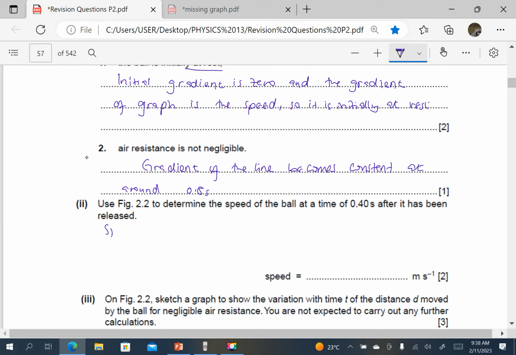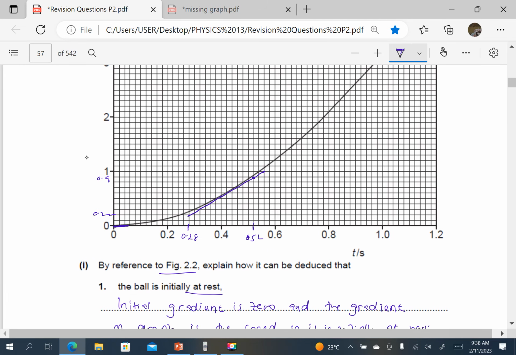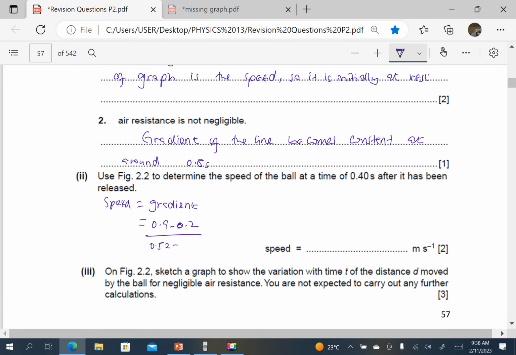So the speed is equal to the gradient at 0.4, which is going to be equal to 0.9 minus 0.2 on the vertical, divided by 0.52 minus 0.28 on the x.